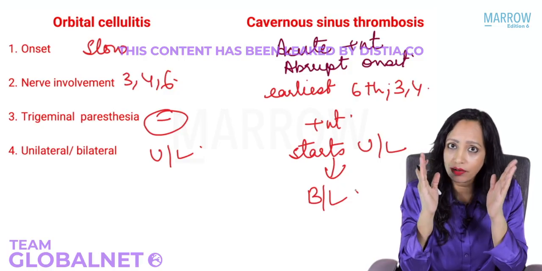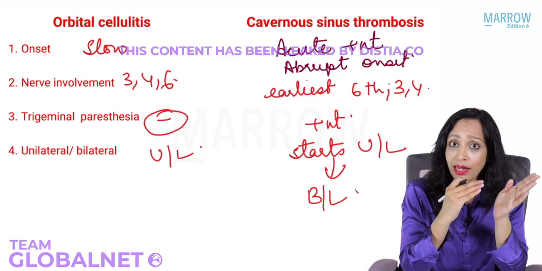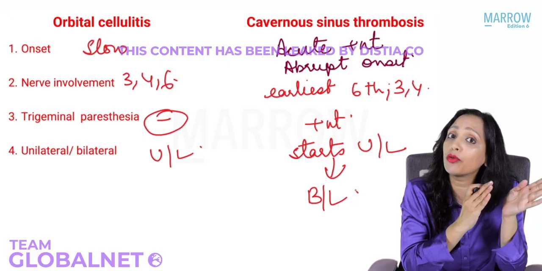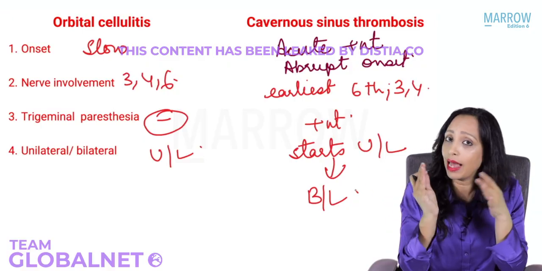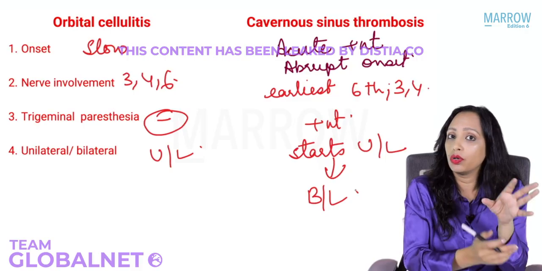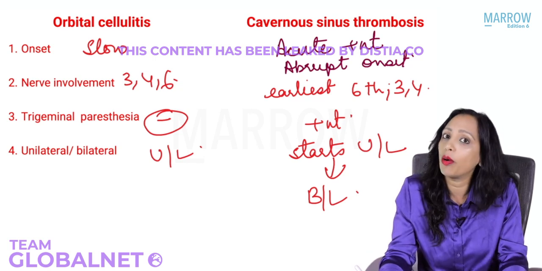Whenever there is bilateral involvement, it is cavernous sinus thrombosis. And in the other eye, what is mentioned is involvement of the lateral rectus. So yes, that is the earliest nerve to be involved in cavernous sinus thrombosis. So here everything is involved on one side, and on the other side it has just started getting involved. So the earliest will be the sixth nerve.